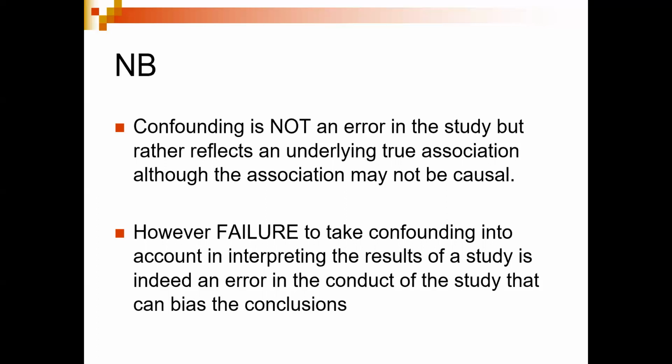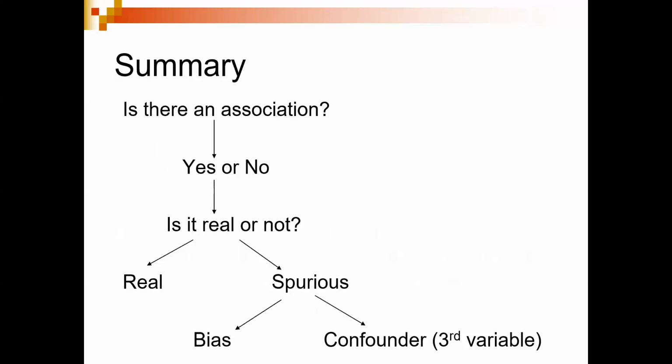However, if you fail to take confounding into account in interpretation of the results of the study, you might end up with biased conclusions because you end up overestimating or underestimating the associations which you see. So it is very critical to control for confounding.